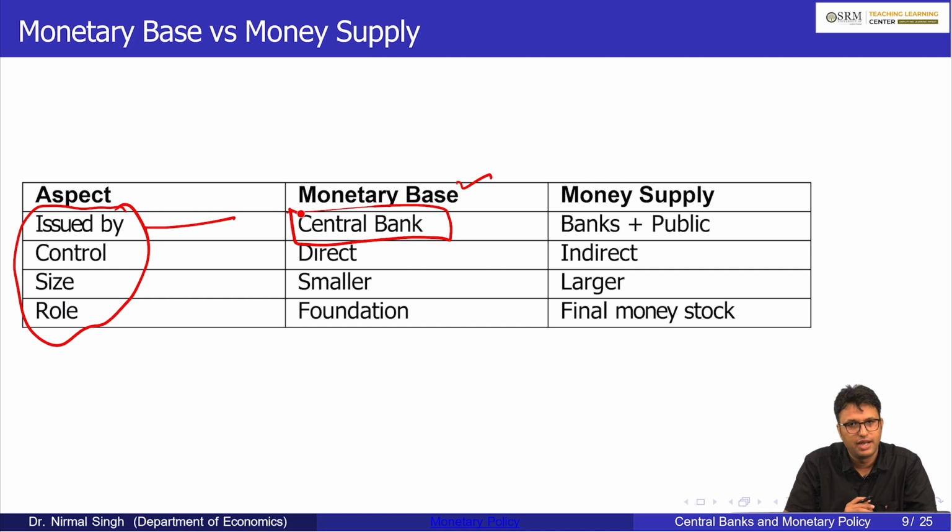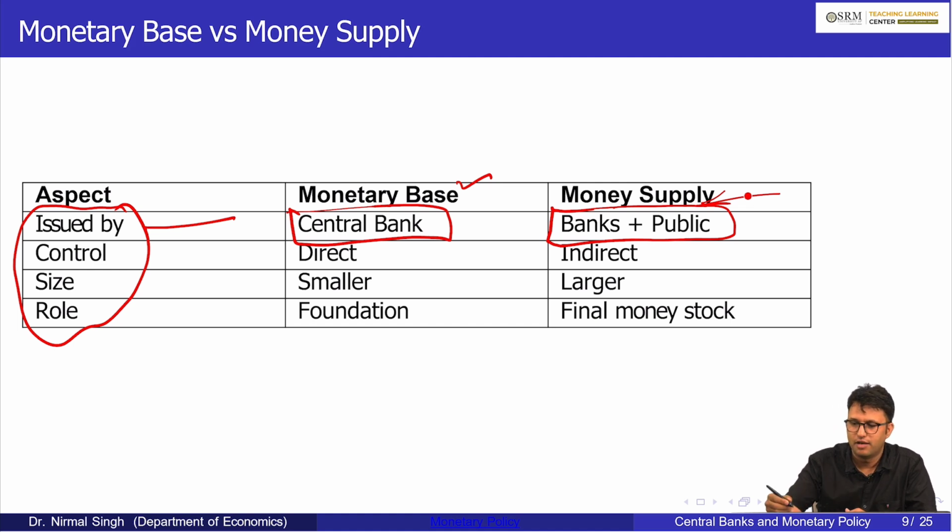But the money supply in the economy is ultimately controlled by banks, and the public has influence over that. Now why does this happen? Because the banks engage in credit creation, and that leads to the circulation of money time and again in the economy, and that leads to an increase in the money supply.